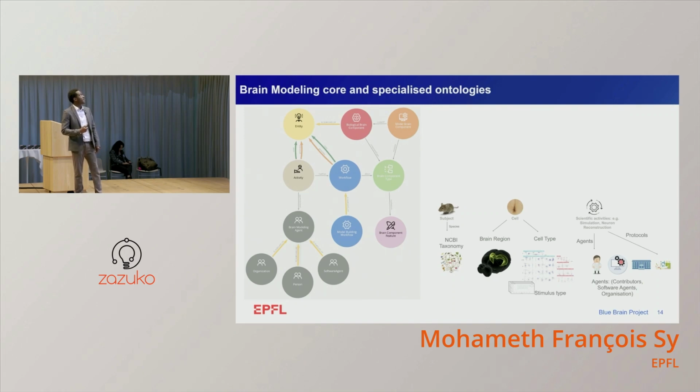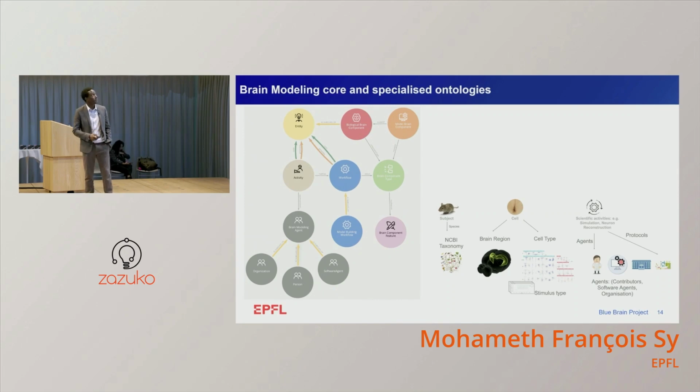The workflow, the activity follows a workflow plan, a specific execution of that workflow that has agents involved, etc., etc. So this is really a very high-level view of the type of entities we are dealing with and the relationships they have between them. So of course we use very specialized ontologies, as I said, brain region, cell type, that extend external ontologies. We did not build all of this ourselves.